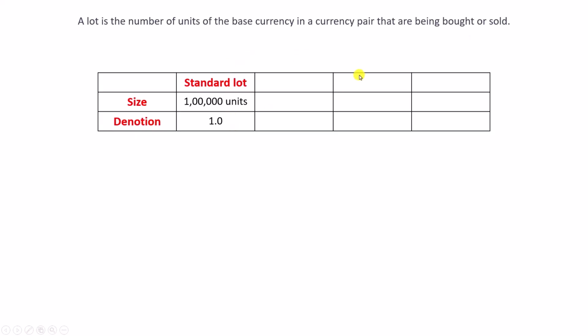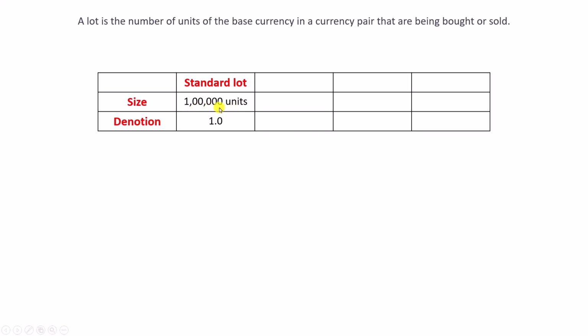We have 3 types of lots, but some brokers also provide one more, so we will consider 4 types of lots. The first one is a standard lot, and the size of a standard lot is 1 lakh units.